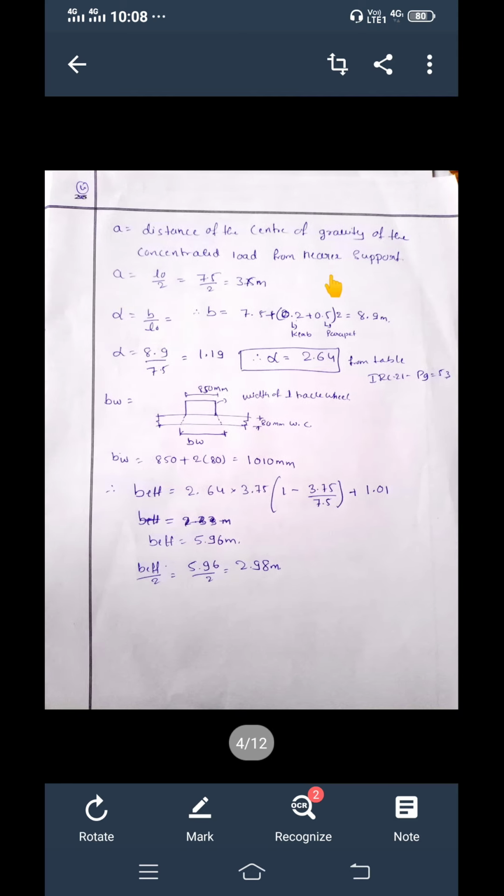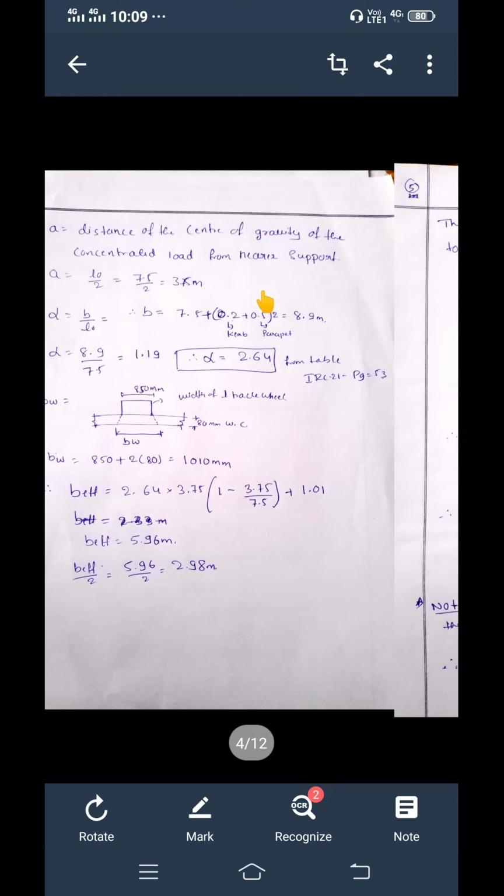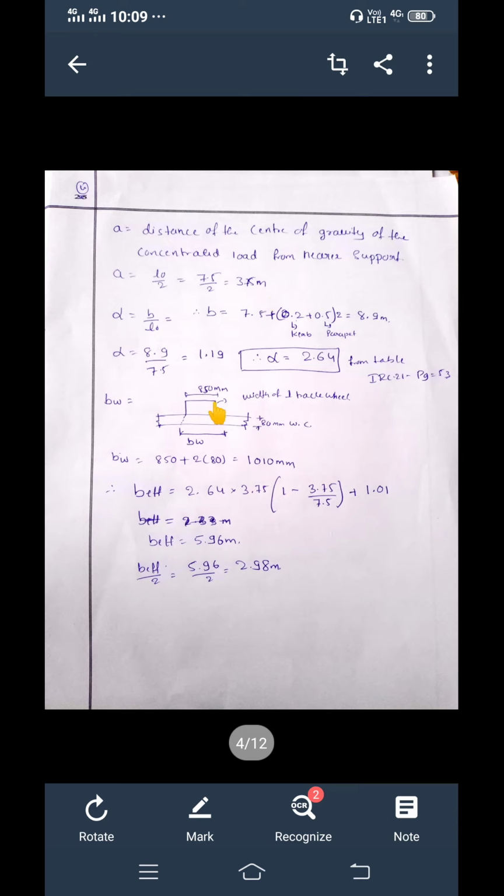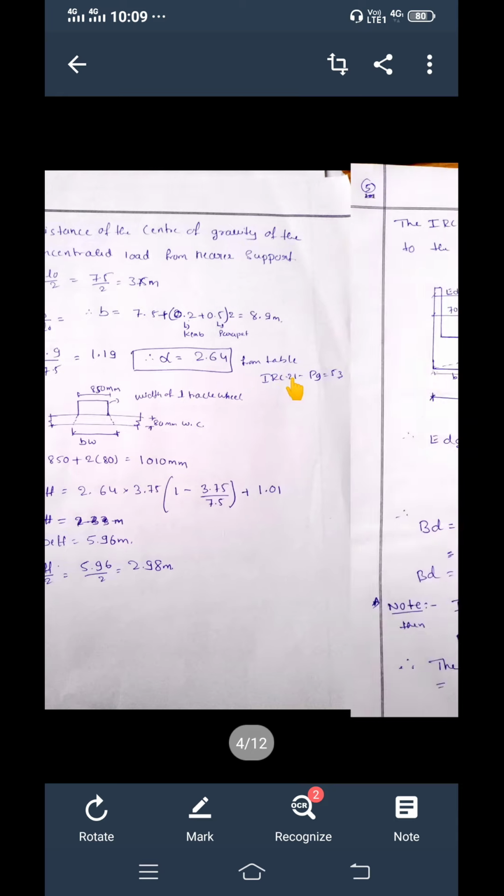L naught is half of this distance, meaning the distance of the center of gravity of the concentrated load from the nearer support. We are taking it almost at the center of the vehicle, which is the center of the span itself. So a equals 3.75. Alpha is equal to 1.19, and as per the table of IRC 21, page number 53, it is 2.64.